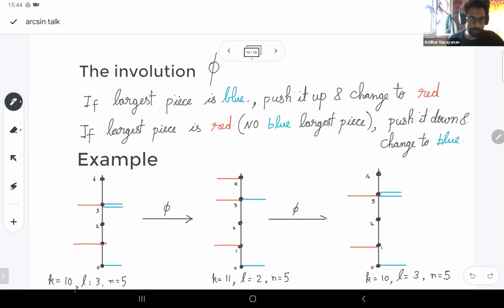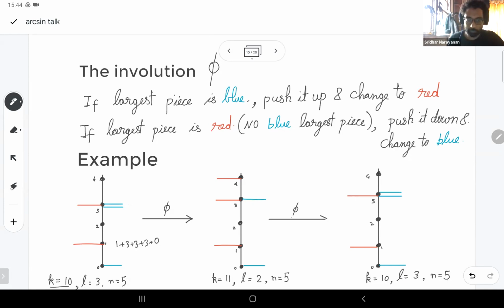And note the changes that occur in K and L as we do this. We start with K, which is the total weight. So it's 0 plus 1 plus 3 plus 3 plus 3, so the value of K is 10 here. L is the number of blue pieces, which is 3. And N is just the total number of pieces.